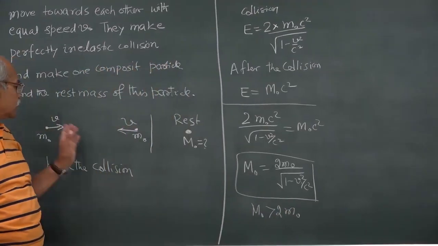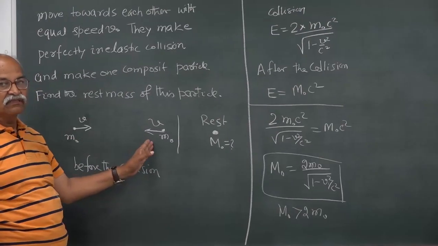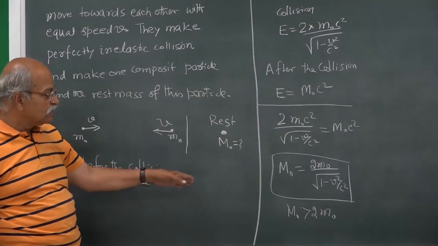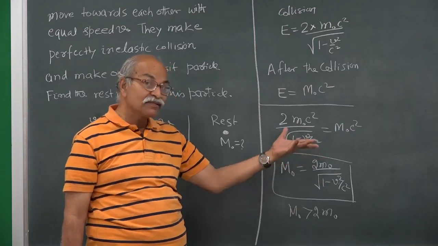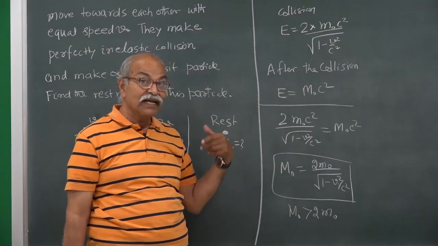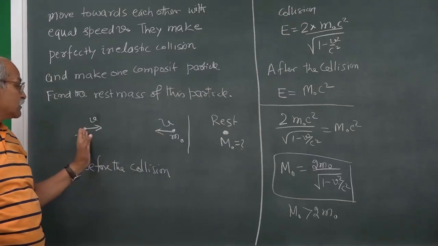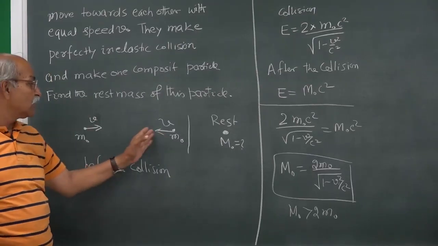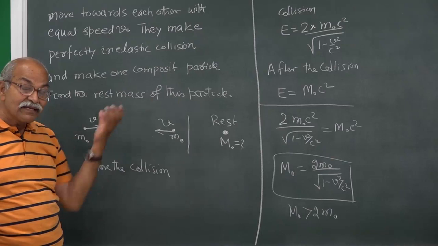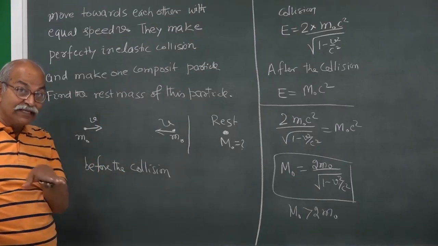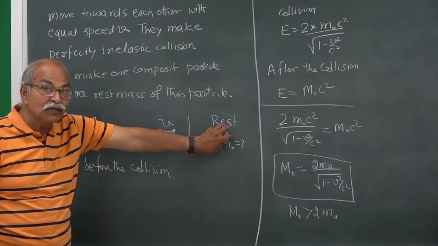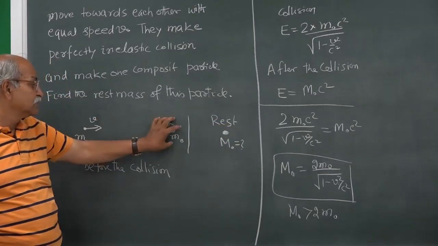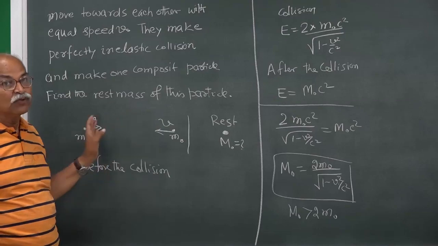Before the collision, the rest mass was 2 m naught. After the collision, it is 2 m naught divided by this quantity, so it is more. Whatever kinetic energy was lost because the particles come to rest is converted into rest mass, and the rest mass of this particle is more than the combined rest mass of these two particles.